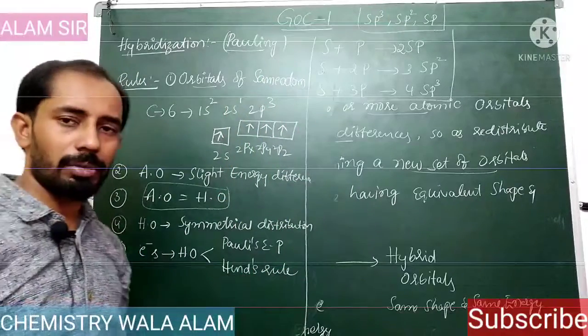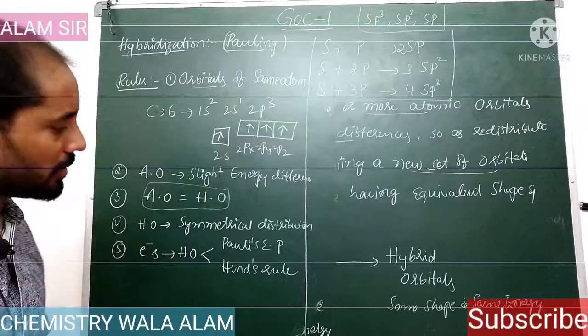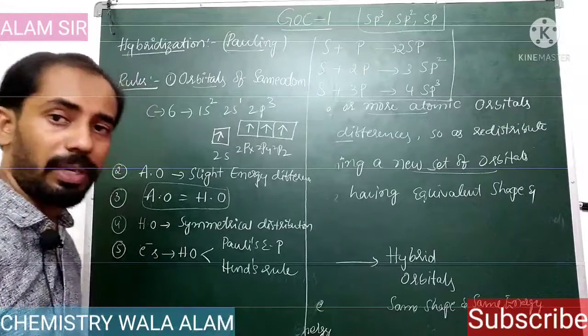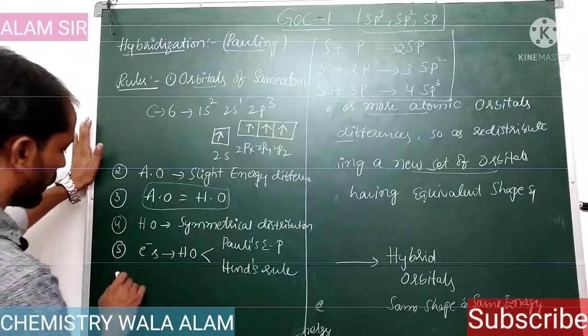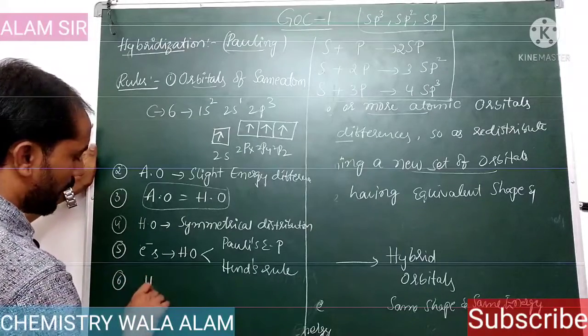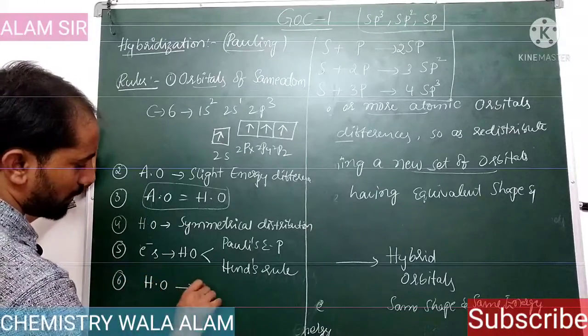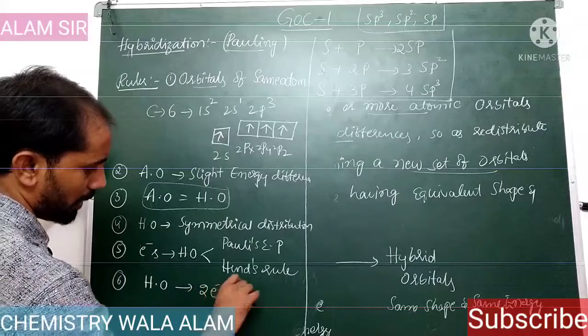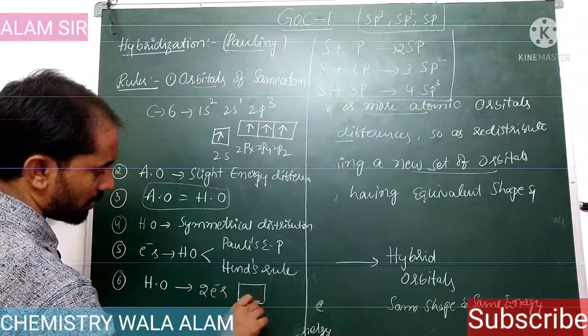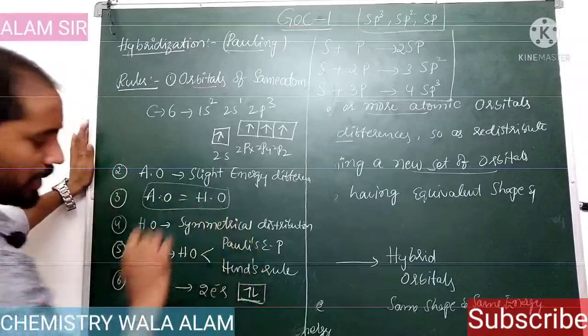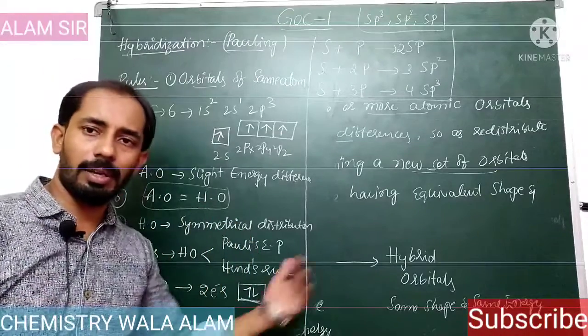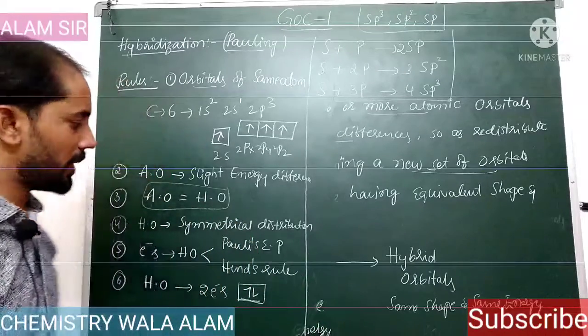Hund's rule is nothing but pairing of electrons will take place after filling of all available degenerate orbitals. Next, any hybrid orbital can hold a maximum of only 2 electrons, in opposite directions, one clockwise and the other anti-clockwise.